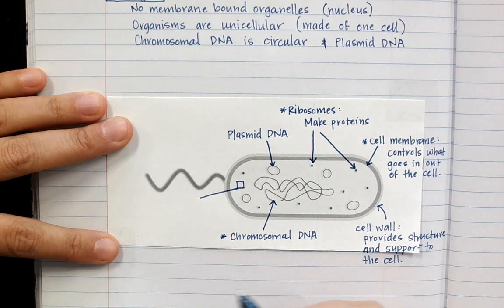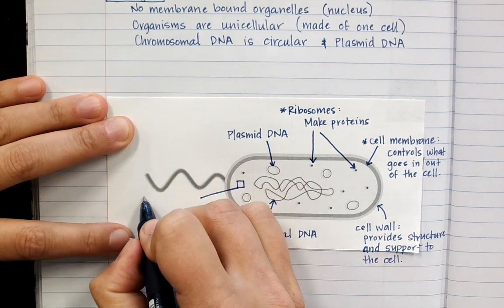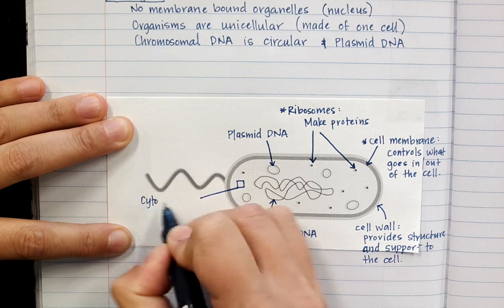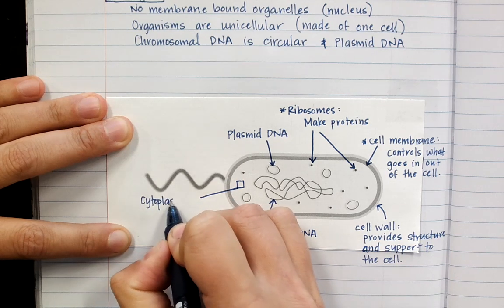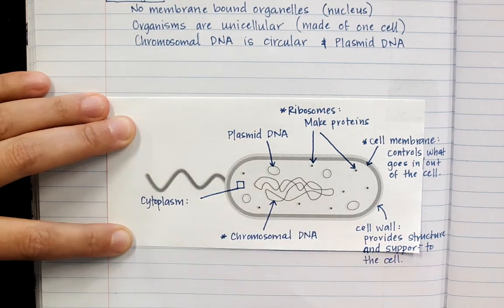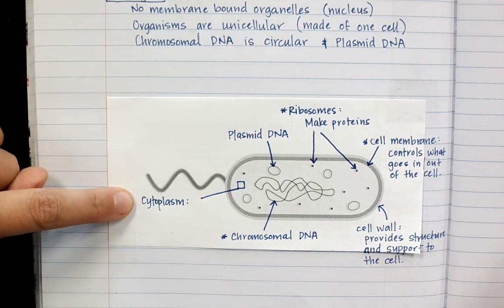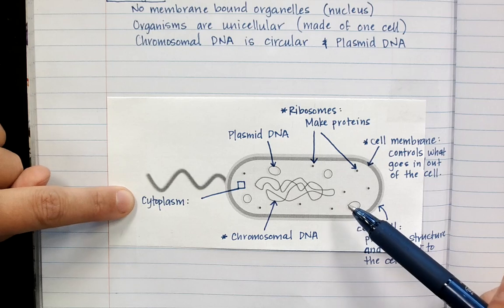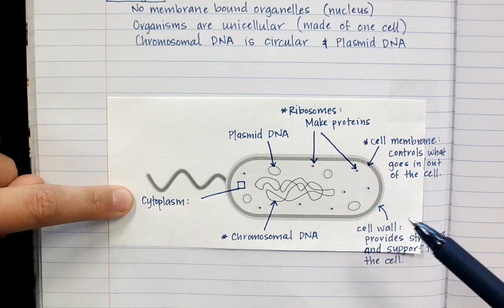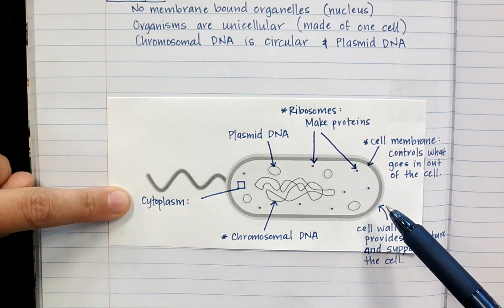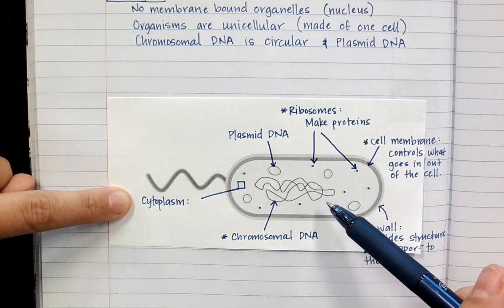And this is the cytoplasm. Now, technically, cytoplasm refers to the fluid that organelles float in, and prokaryotes don't actually have organelles because there's nothing here that's bound by a membrane.